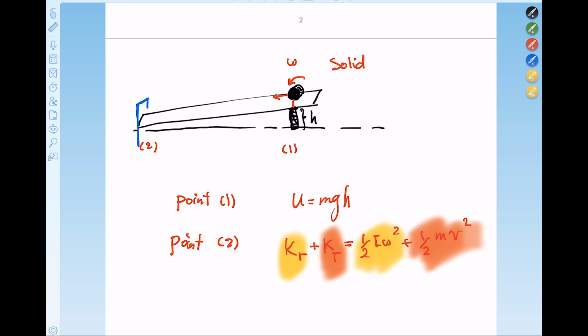So KR is half I omega squared, KT is half mv squared, and when it goes to point 2 through the photo gate, we have both, rotational and translational, okay?